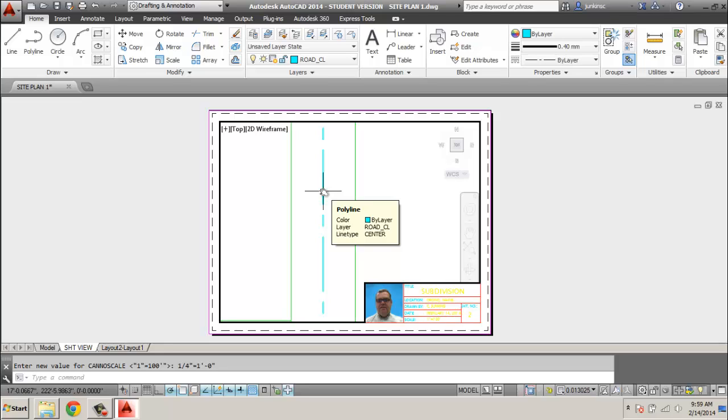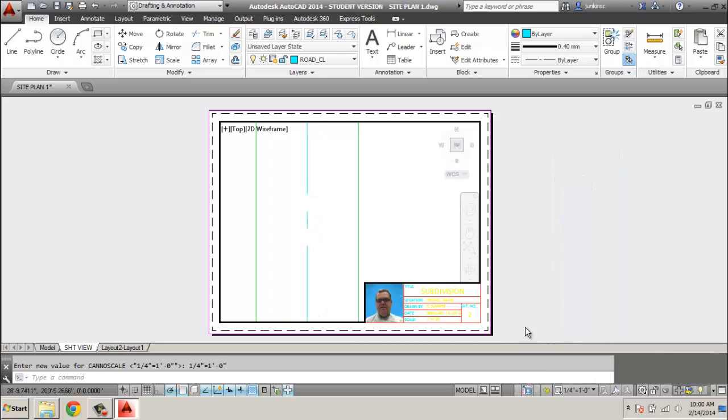If 1/4 inch equals a foot, and that's 8 feet, 1 inch would be 4 feet, 2 inches would be 8 feet.